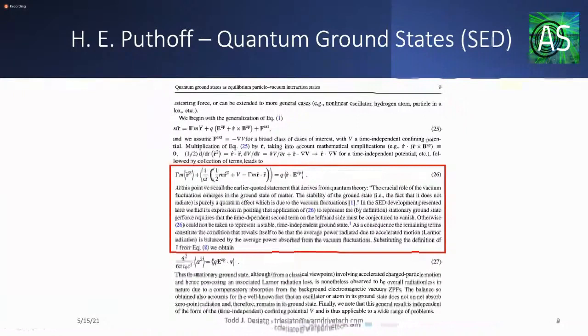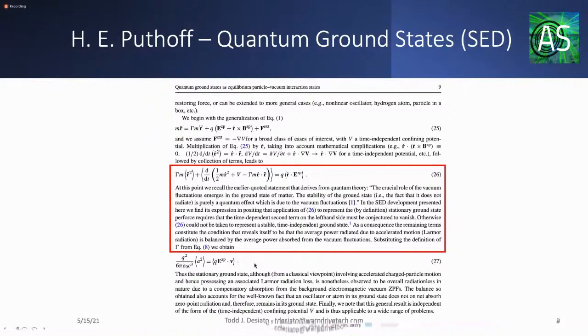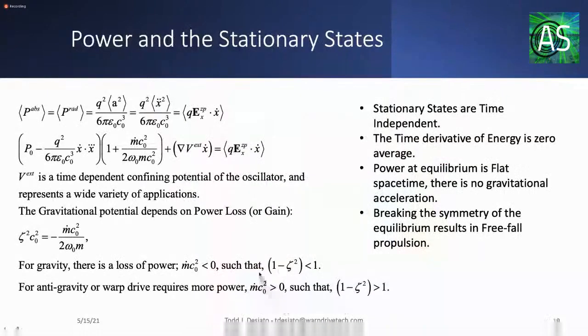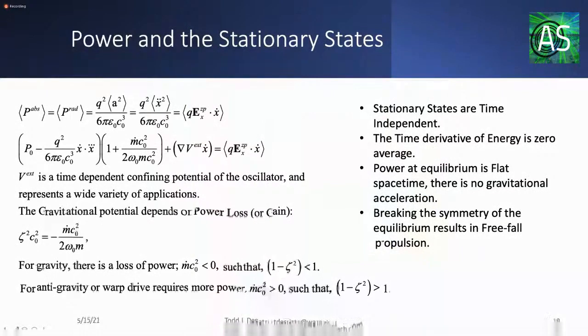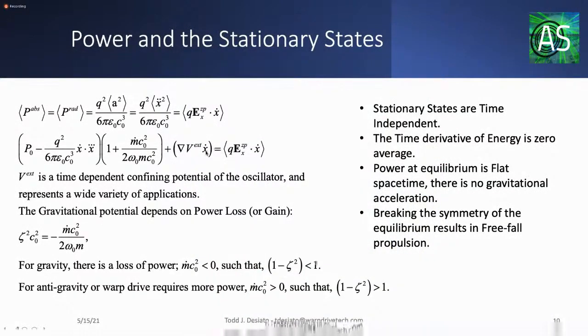And if you look at this, Q times the electric 0-point field is a force that the 0-point field is exerting on the charge. And so that leads to the acceleration, which then radiates it away. And so this is an equilibrium condition.